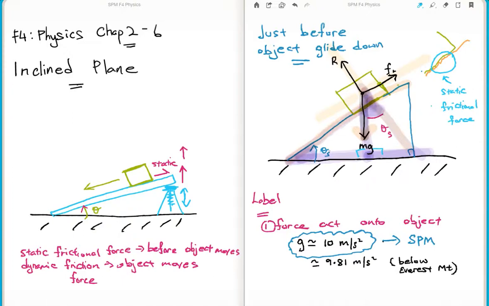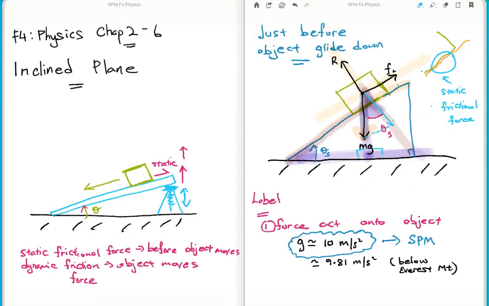Then if you manage to resolve it, there are two components. The first one would be the one going downwards. You need to find out its magnitude, because this is going downwards. You need to drop a perpendicular line to it.